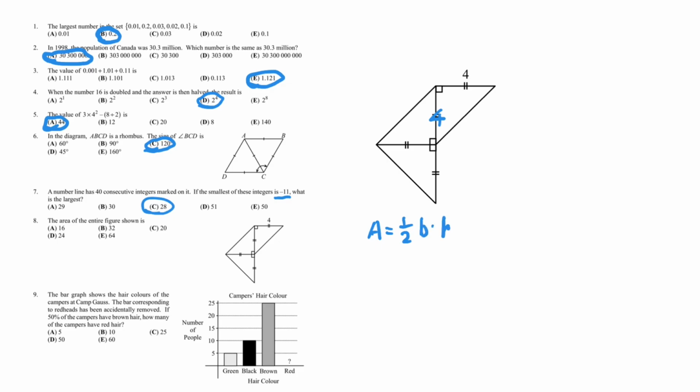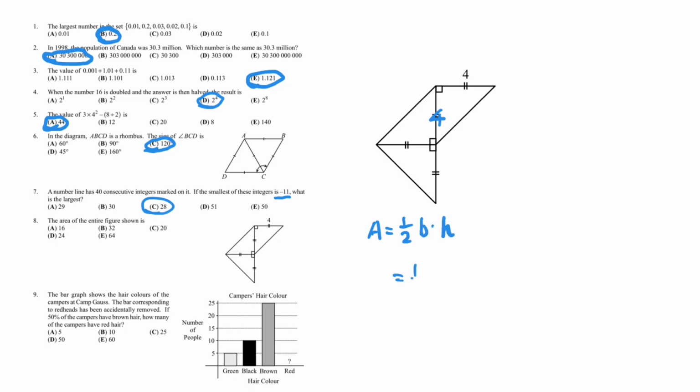Number 8. The area of the entire figure shown is? So the figure is three identical triangles. That means three triangles are congruent. So the side length, the legs, is 4. So triangle area is 1/2 of the base times height.